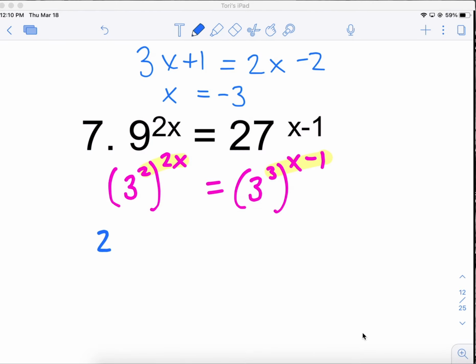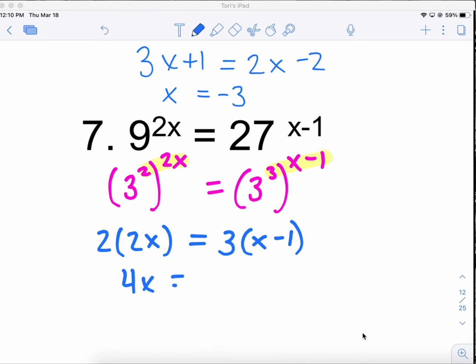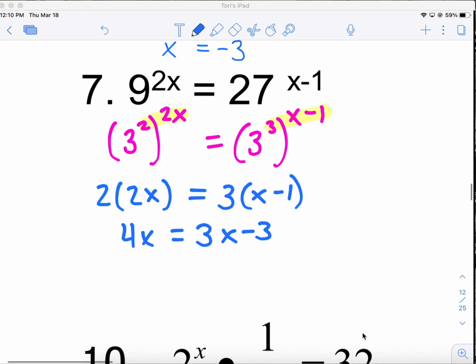All right, so we're doing 2 times 2 to the x, 2x, and 3 times x minus 1. Multiply that out gives me 4x equals 3x minus 3. I'm going to move the 3x to the other side, leaving me 1x equals negative 3, and that is my final answer.